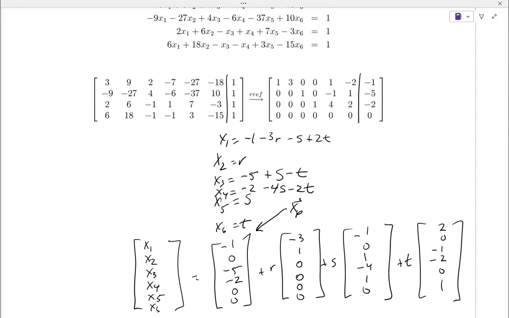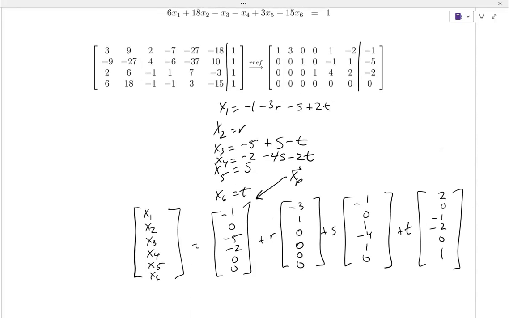The rest of this, all of this, is your solution to the associated homogeneous system. So if you plug in any linear combination of those three vectors, you'll get 0 for every single equation.